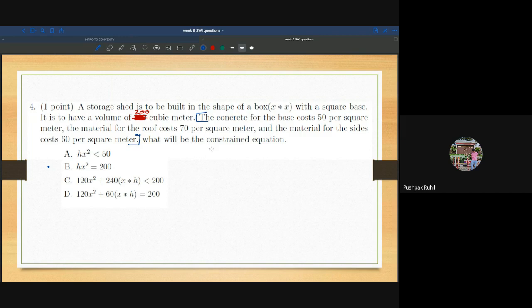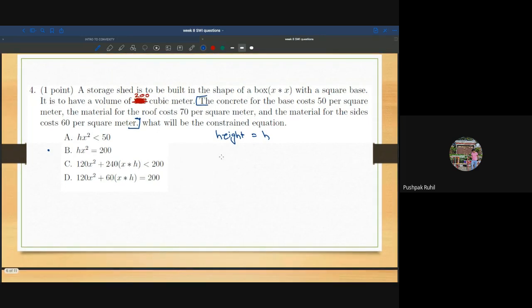So let's say that the height is h. Length and breadth are given to us as x. So what is the formula for volume of a cuboid? It is length into breadth into height.